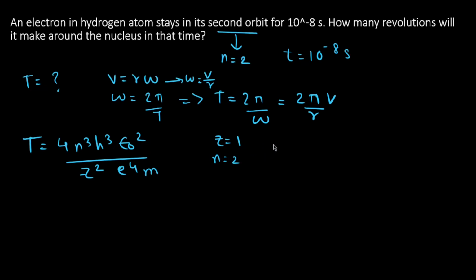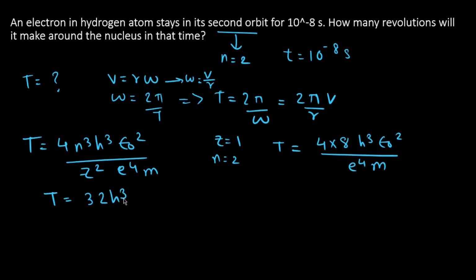Putting this value in here, we get T equals 4 into 2 cube, that is 8, into h cube epsilon naught square upon z square, that is 1 square is 1 only, so e raised to 4 m. So finally the time period expression, we get it as 32 h cube epsilon naught square upon e raised to 4 m.